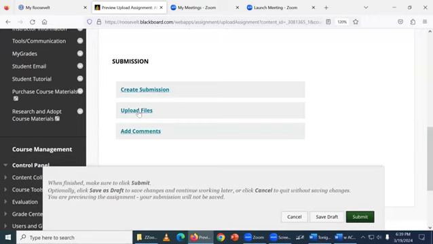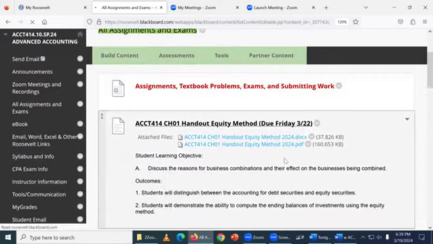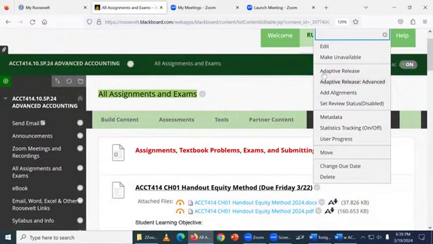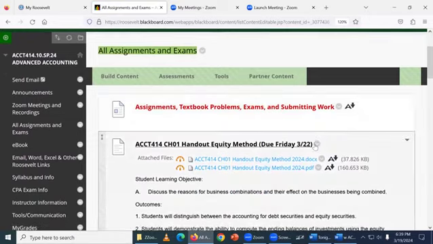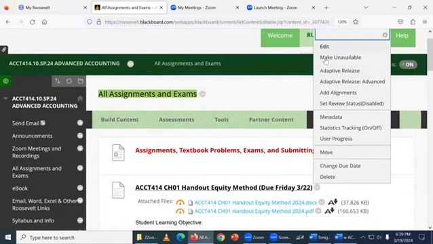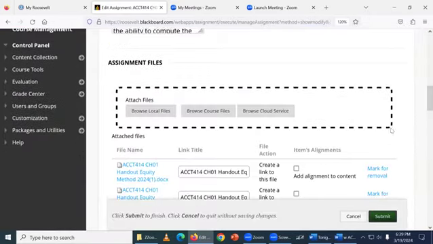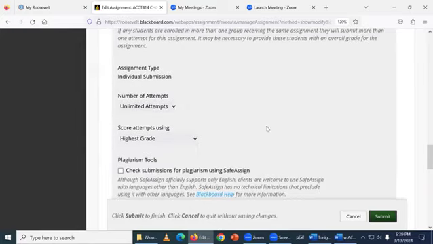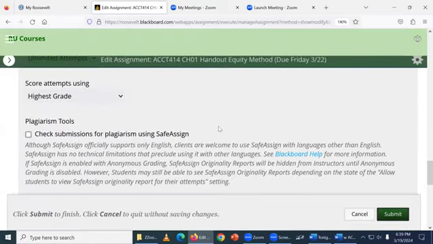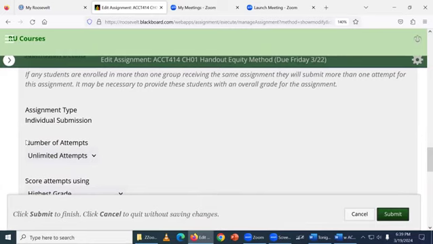Usually people upload the files. For all of these, these have unlimited attempts.